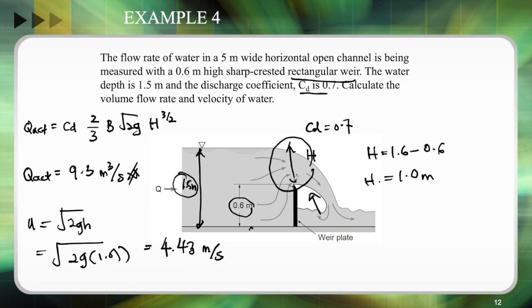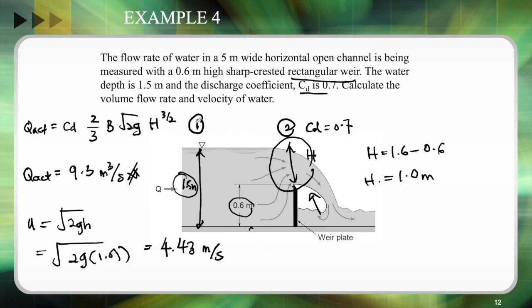Now we do not know whether the velocity wanted is at the notch or upstream. We have two different velocities: one is the upstream velocity, and two is the downstream velocity. Which velocity do we want? Therefore, I suggest that you find both of these velocities.